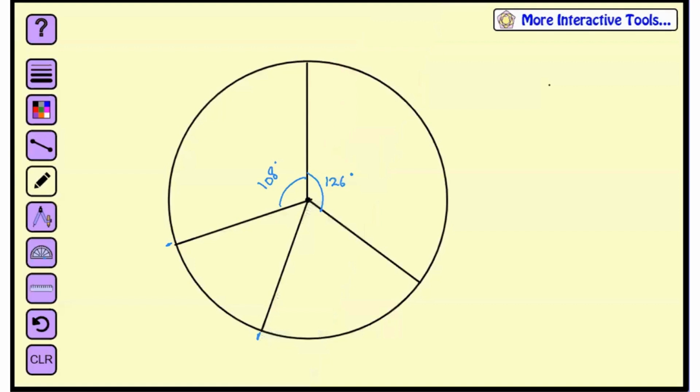So this is our pie chart, 72 degrees, and this would be 54 degrees. So you can label these as well. Obviously, this is how you draw a pie chart to give information.